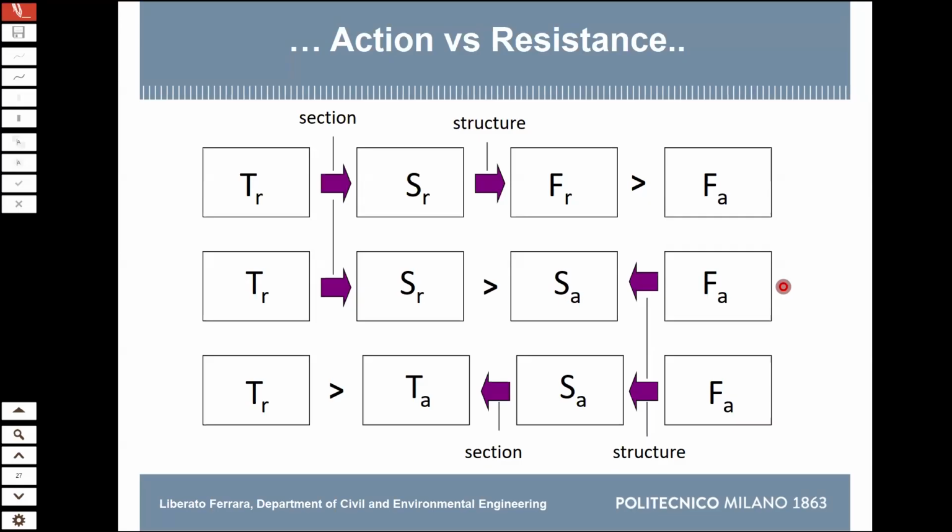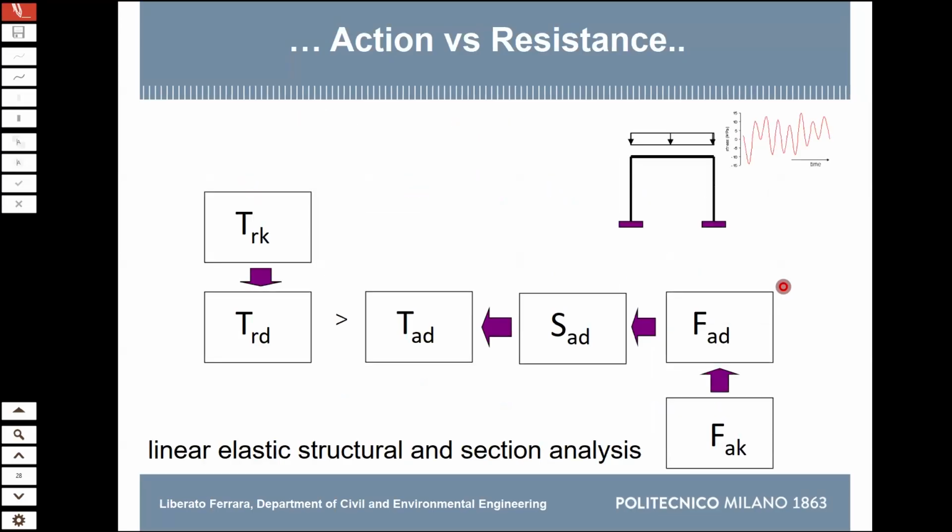Well, we can say that it was a second level because we calculated a critical bending moment. But then in the end, what did we do? We correlated that critical bending moment to a load acting on the structure. So we could say that with the last passages that we made, we scaled it up to this level. Just to show you also how we can intertwine the two levels of safety.